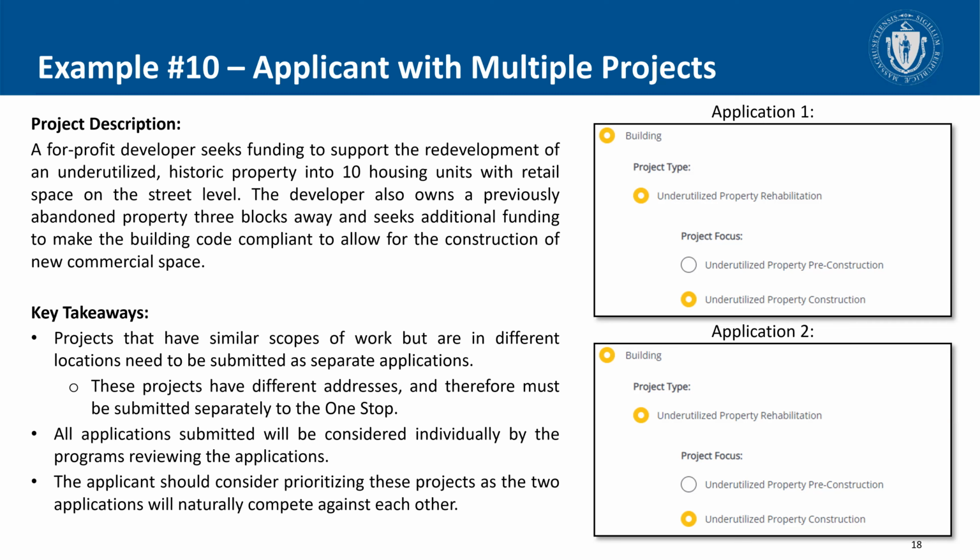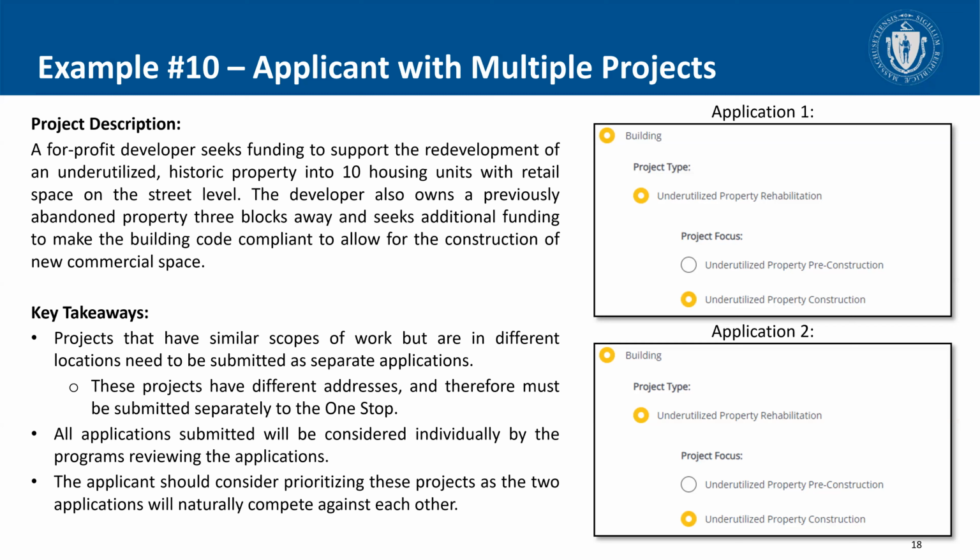In both cases, the applicant will choose underutilized property rehabilitation as the project type within the building development continuum category. Both of these are construction projects. So again, the applicant will select underutilized property construction as a project focus for both as well. Based on the selections made in 2.4, both of these applications will likely be reviewed by the underutilized properties program.